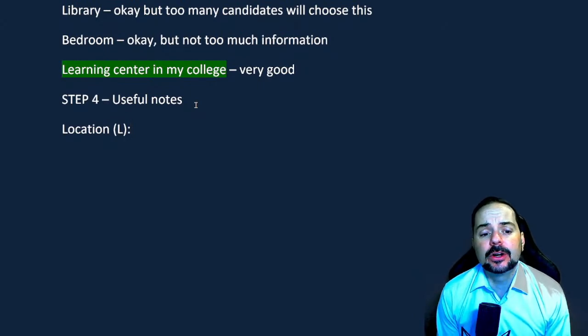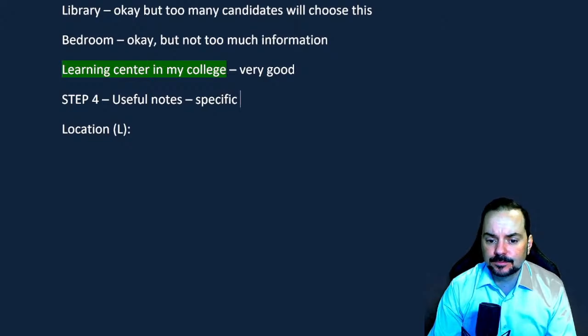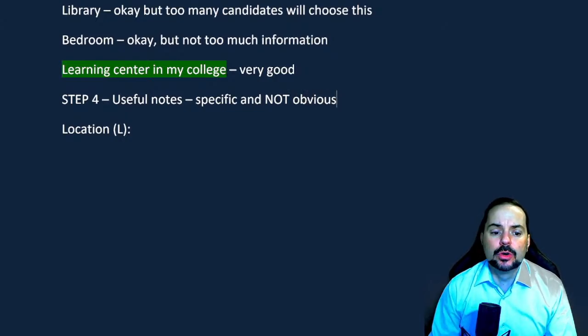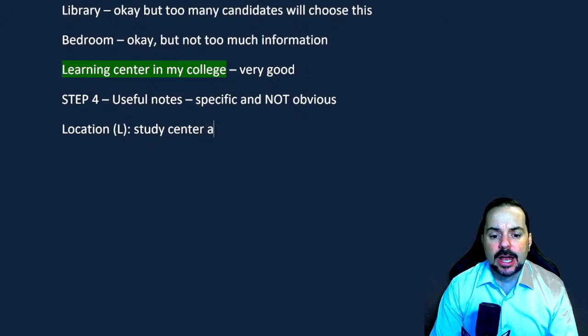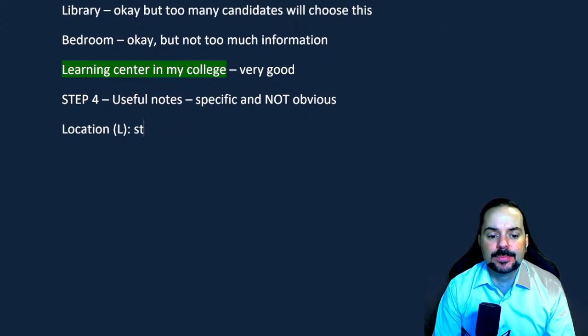But the key here is your notes should be specific and not obvious. So you shouldn't write down something like study center at college, okay? That's your topic. You're gonna say that, okay?